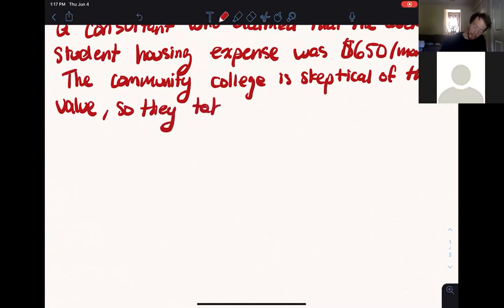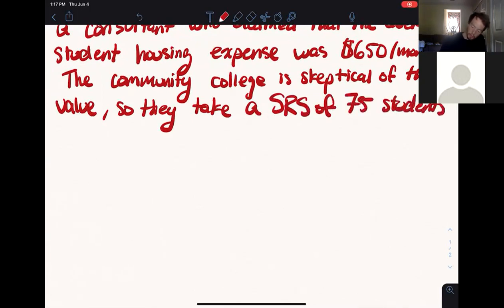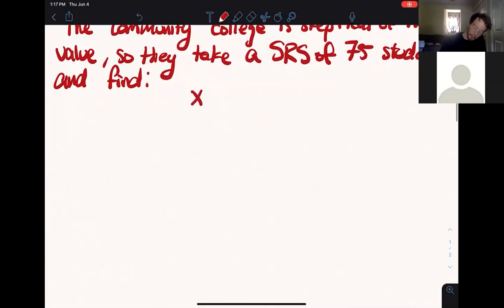So they take a simple random sample of 75 students and find the following. They find their sample mean to be equal to 611.63.